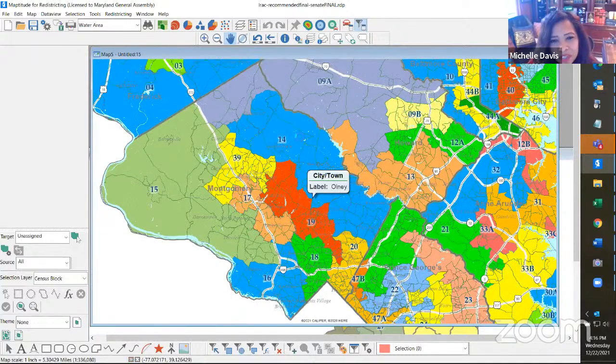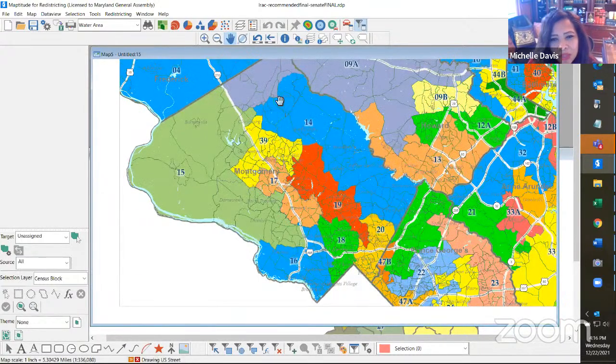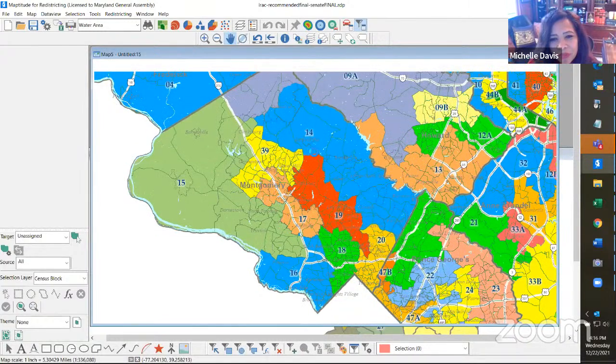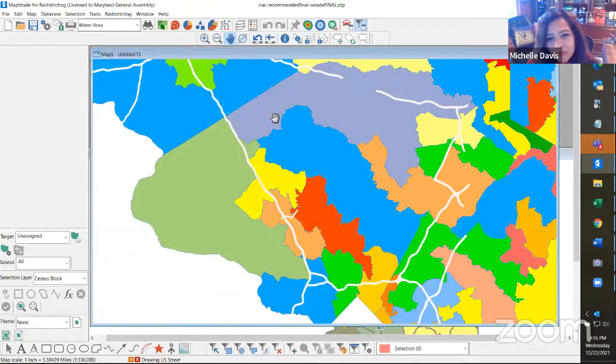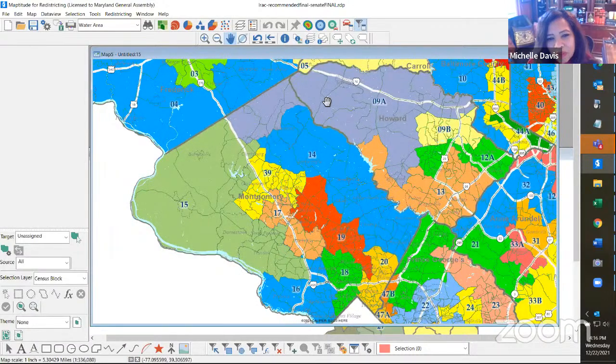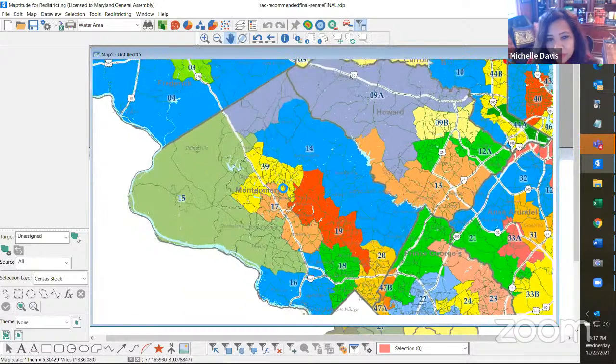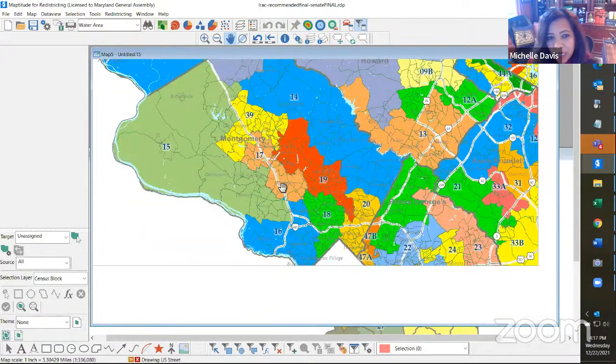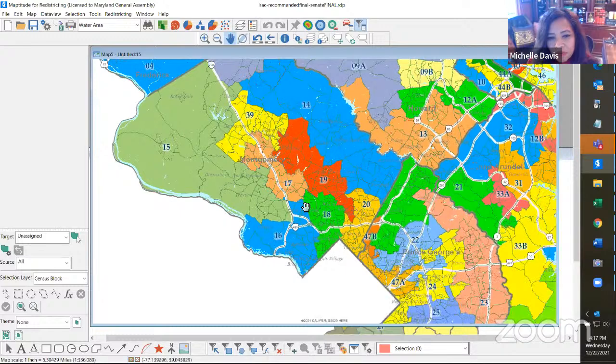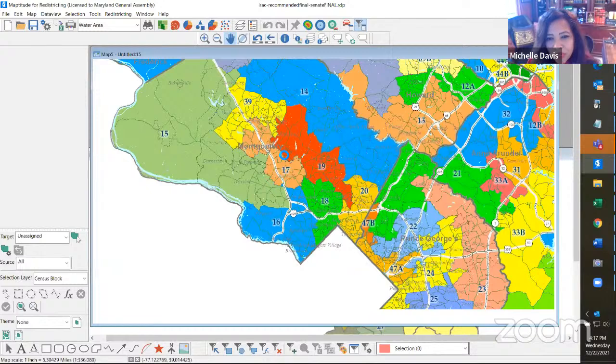In this configuration, one of the main differences is that District 14, I guess, has taken up a little bit from 9A, moving into this northern Montgomery County area. Again, a lot of this happens because of population shifts. The existing or remaining Montgomery County districts are pretty much the same, not much movement in those.